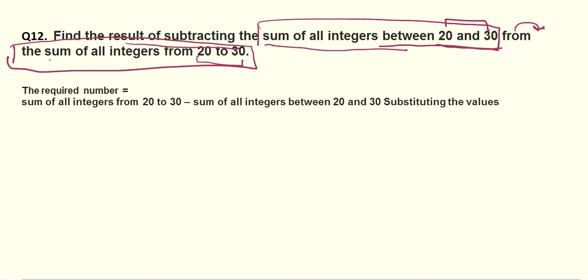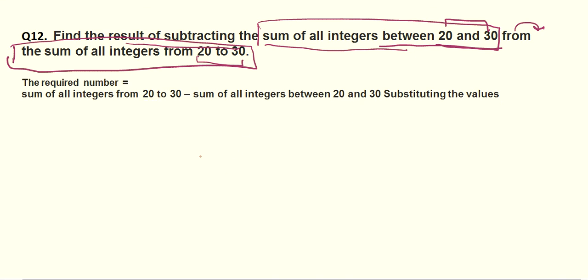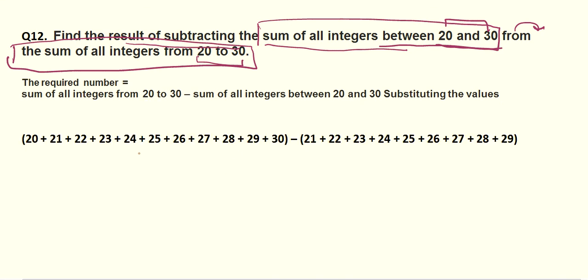So first we have to write the sum of all integers from 20 to 30 minus the sum of all integers between 20 and 30. So the sum from 20 to 30 means 20, 21, 22, 23 up to 30 you will add. Then between 20 and 30, you will not count 20 and 30. So add this, then add this, and subtract both, you will get the answer.